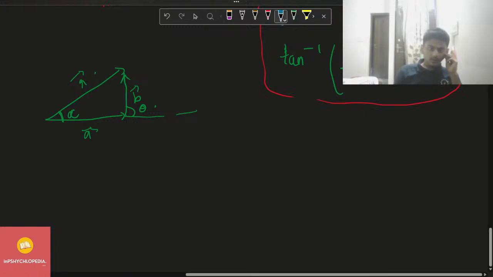This is theta. Once again, this will be 180 minus theta.